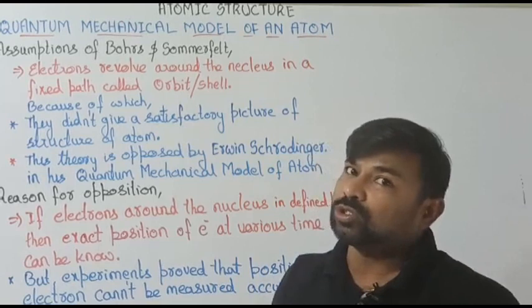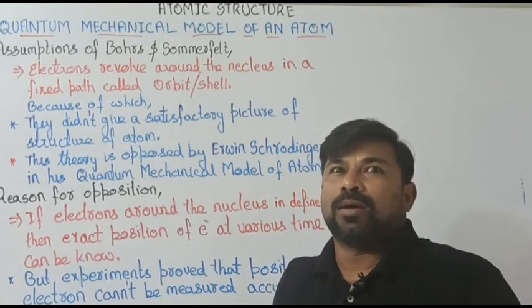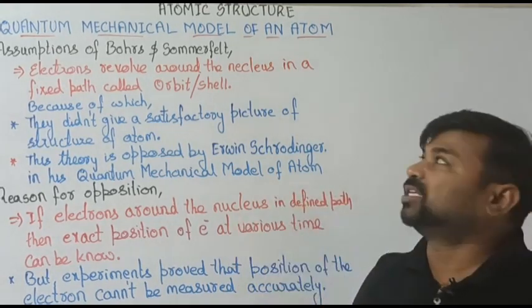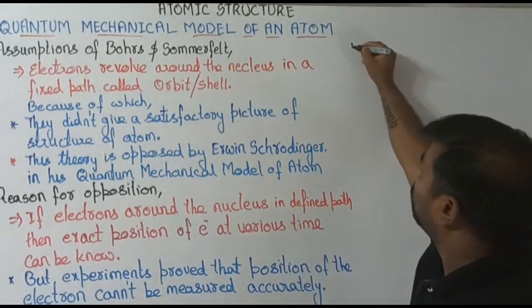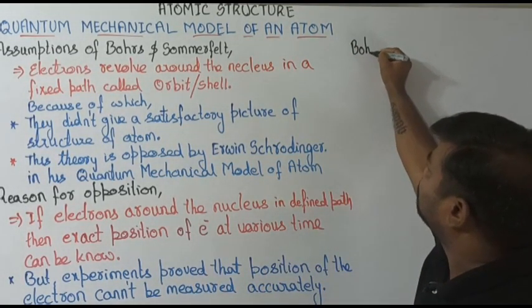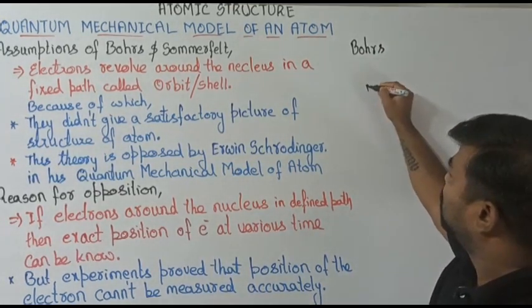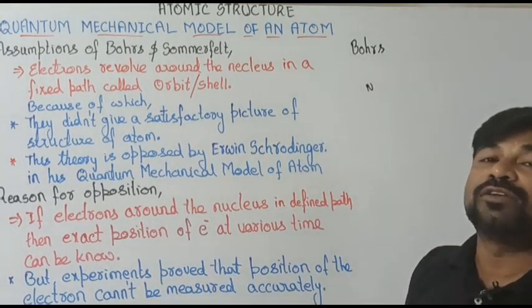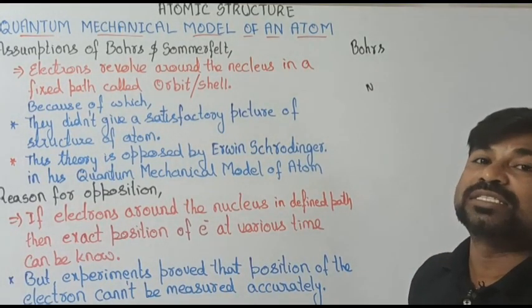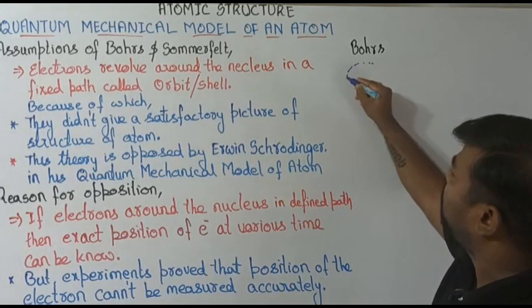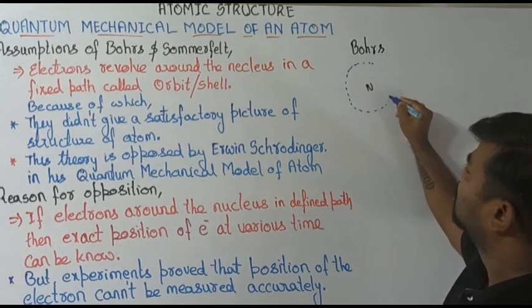What was Mr. Bohr saying about the position, or the path in which the electron is moving? Let's deal with that. According to Mr. Bohr, if the nucleus is here, electrons are revolving around the nucleus in a specified path. Let's take the path of the electron like that.